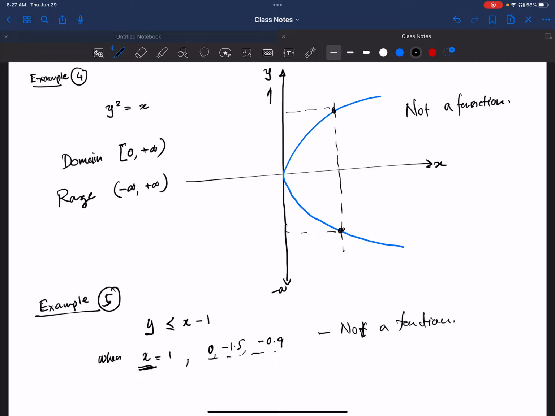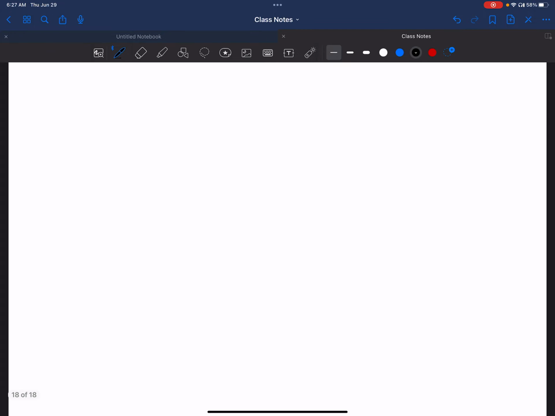Okay, so let's look at even functions and odd functions.